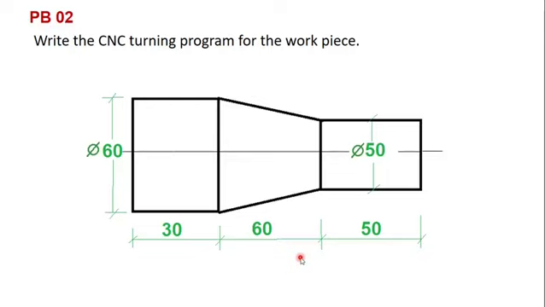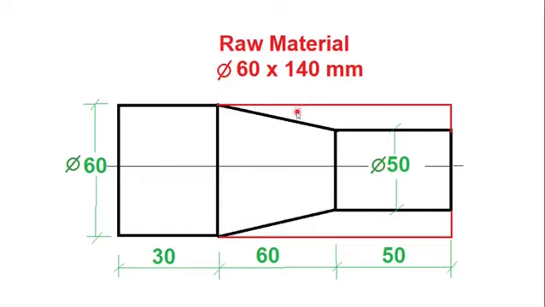You can see it has a diameter of 60 millimeter at one side, and the diameter on the other side is 50 millimeter, and then over a length of 60 millimeter we have to do a taper turn. Also you can see the raw material will look like this, which has a diameter of 60 millimeter and length of 140.